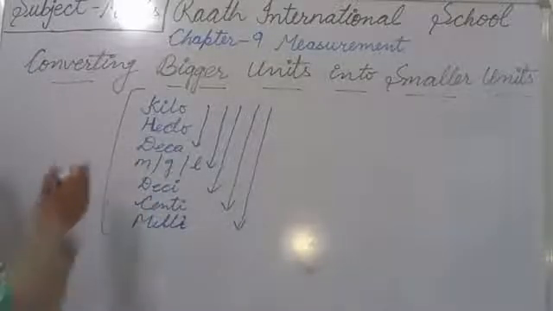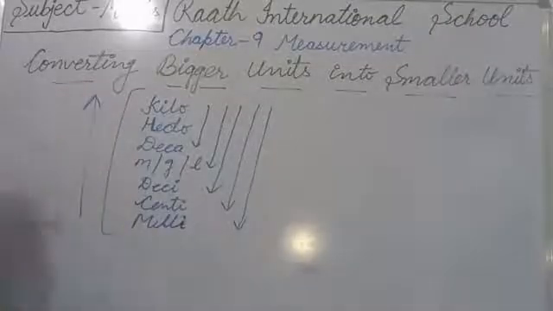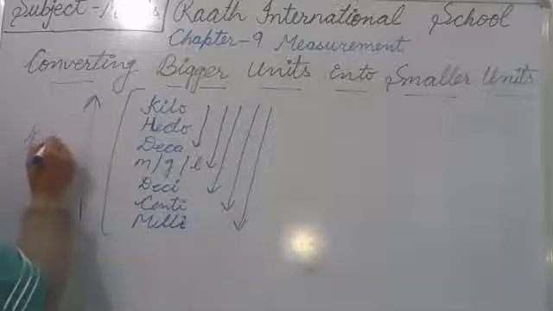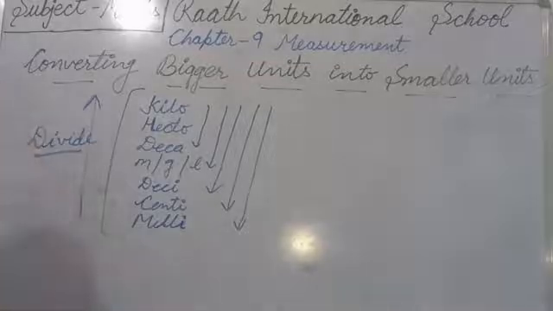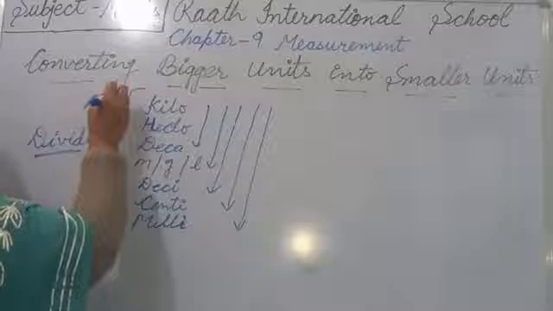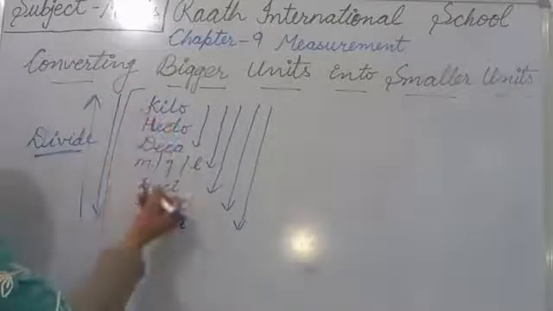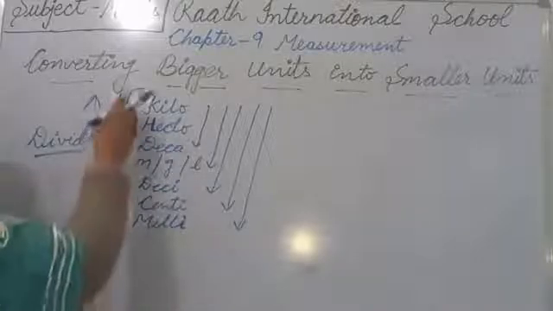So when we come from small to big, what did we do before? Small to big, we divide. Okay, we divided, and we changed it into decimal form. But now we will convert from big to small. Kilo to deca, kilo to deci, deca to deci, deca to centi, means big to small.